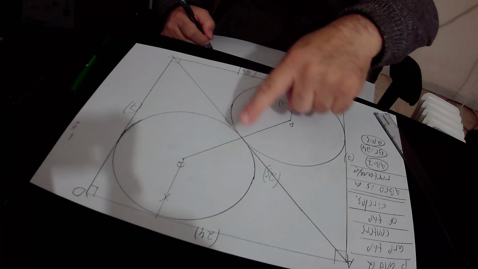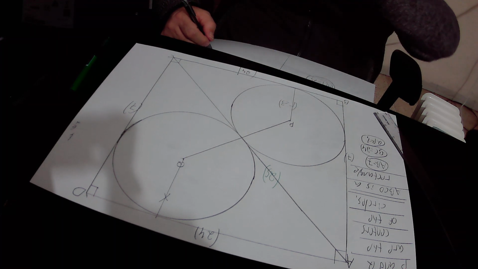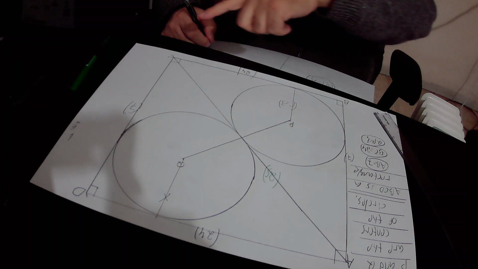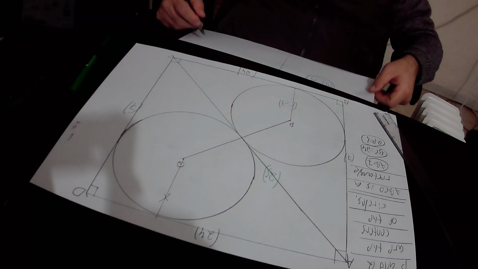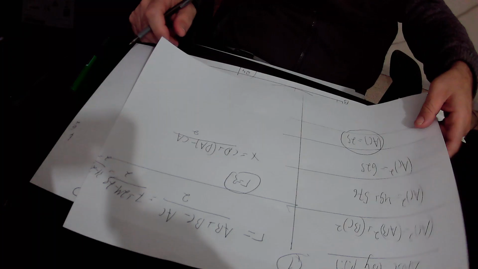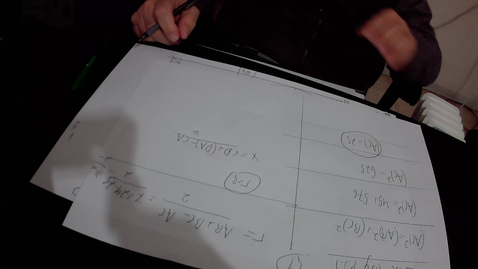Repeat again, the radius of this circle X that is blocked by the right triangle CDA must be equal to CD plus DA minus CA over 2.